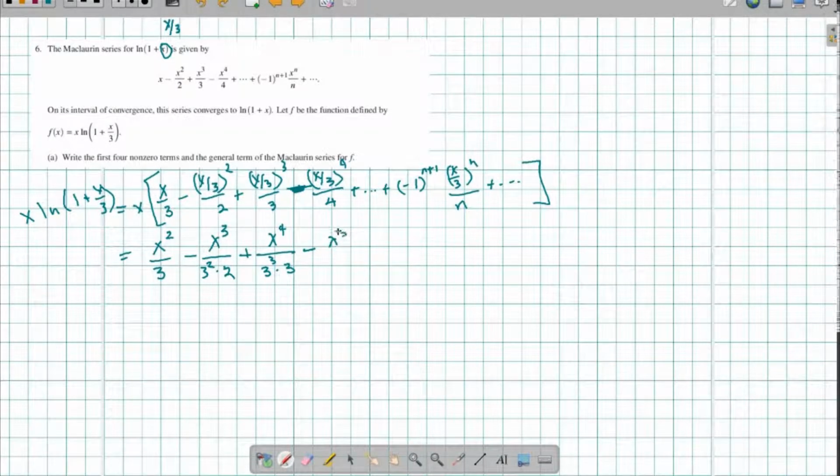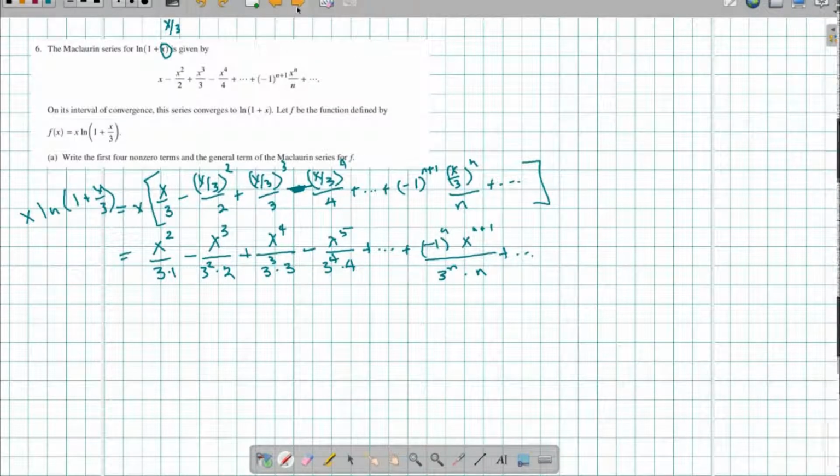Minus x to the fifth over 3 to the fourth times 4 plus dot dot dot. And this is going to be negative 1 to the n, x to the n plus 1 over 3 to the n times n. So that's going to be my expression. There are my first four non-zero terms. Of course, there's a 1 there that I didn't need to write, but it makes it easier to identify the pattern. And so that's part A.